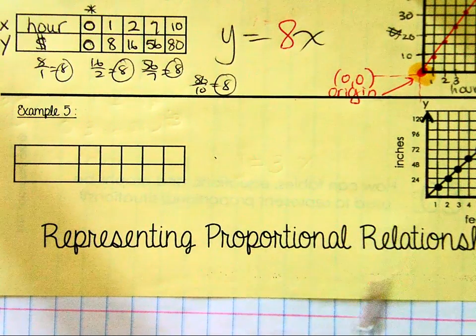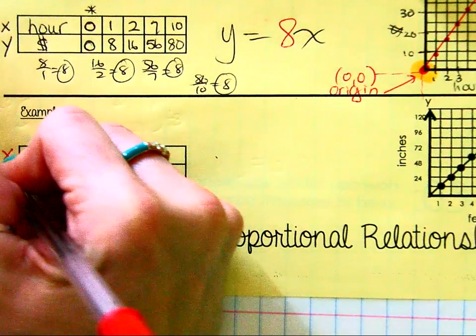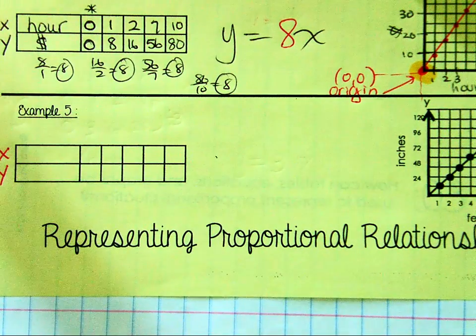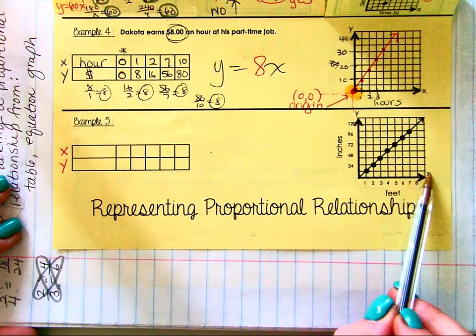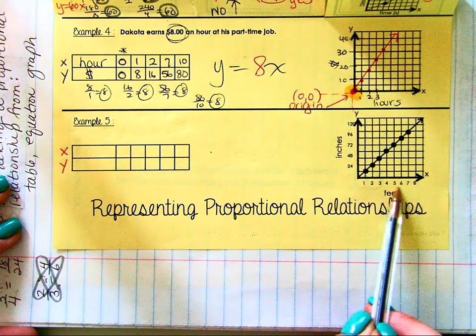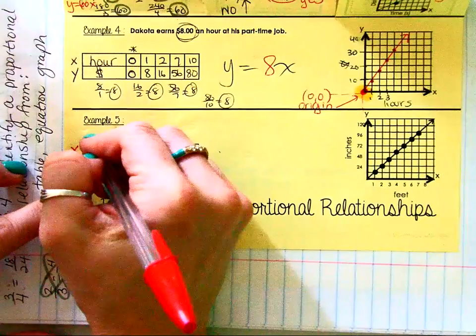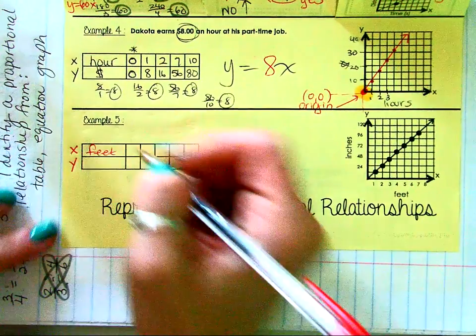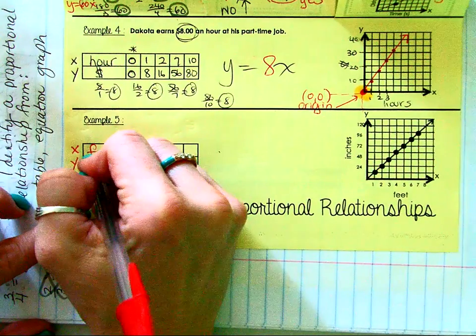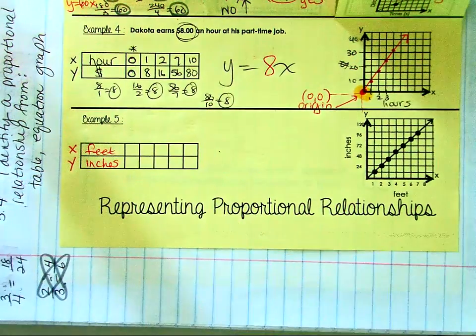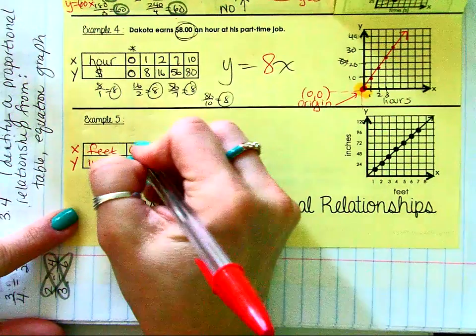What is our X? If you don't know what words to put, look at the X-axis. What's on the X-axis? Feet. So I want to write the word feet here. What's on the Y-axis? Inches. Okay. Guess what? If I don't have any rulers, then I don't have any inches.